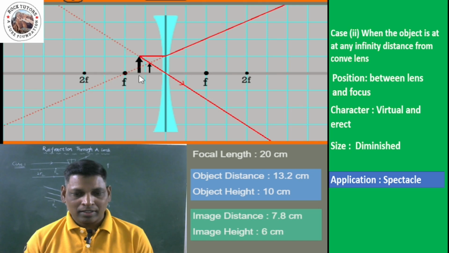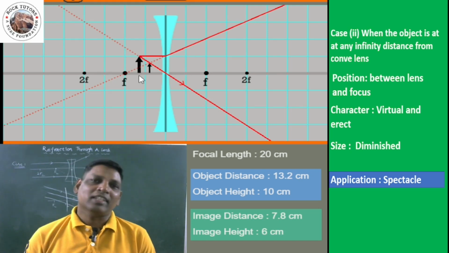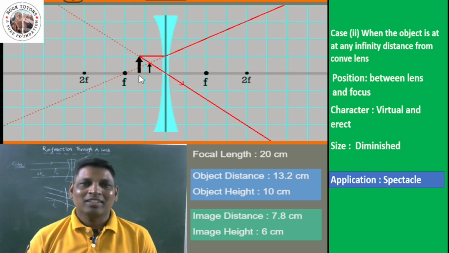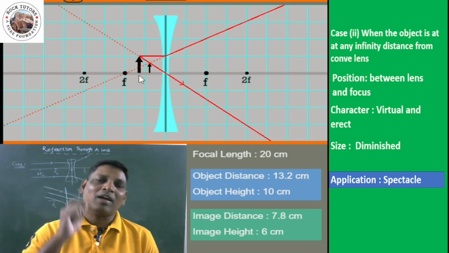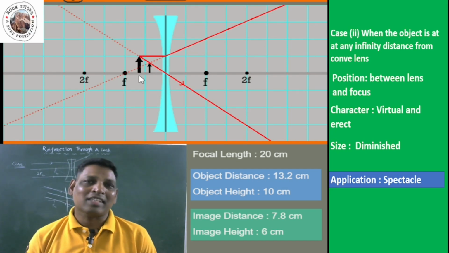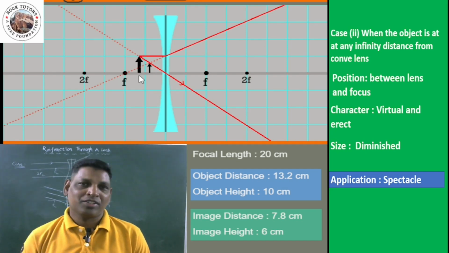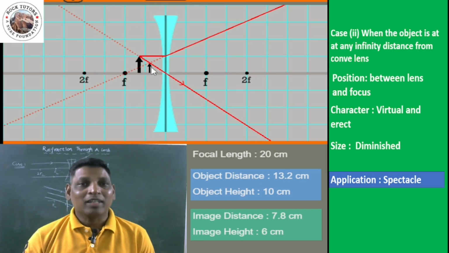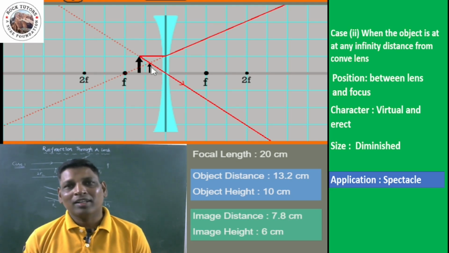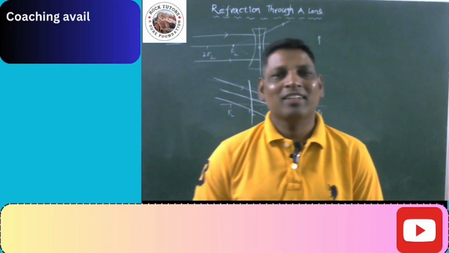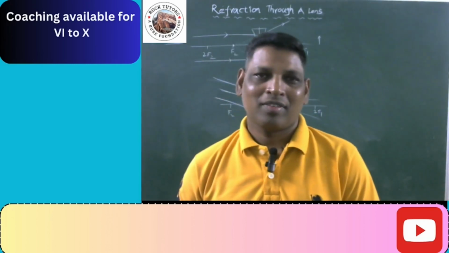But in all cases, the size of the image is always less than the size of the object. So in all cases the size of the image is diminished, and in all cases the image is a virtual image only. I hope you understand this concept.